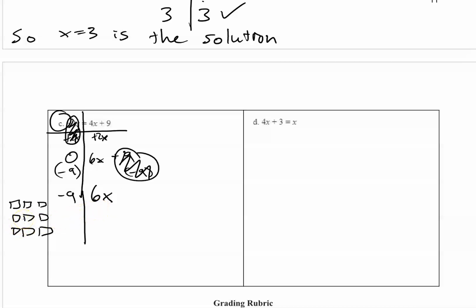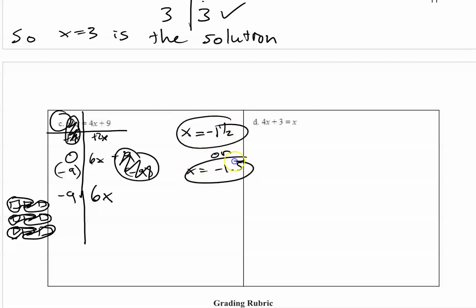How do you split 9 into 6 groups? Well, you take 1 tile and a half of another tile, 1.5 tiles, that'll do it, right? 1 tile and a half, 1 tile and a half. So x is going to be equal to, and these are negative 1.5, or x equals negative 1.5, or as an improper fraction, x equals negative 3 over 2.